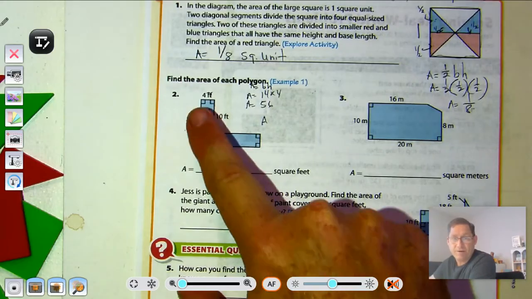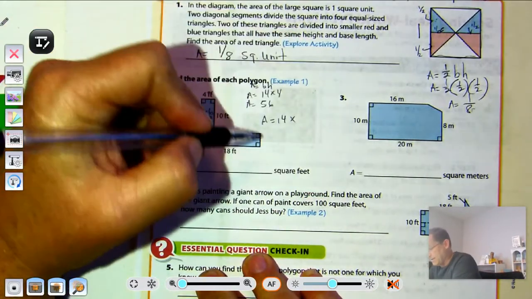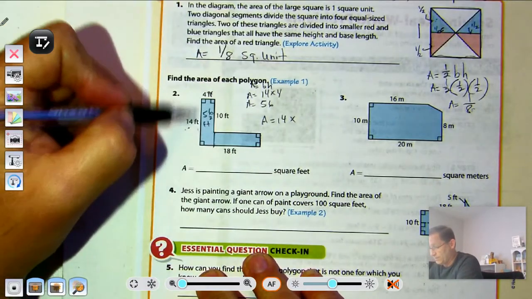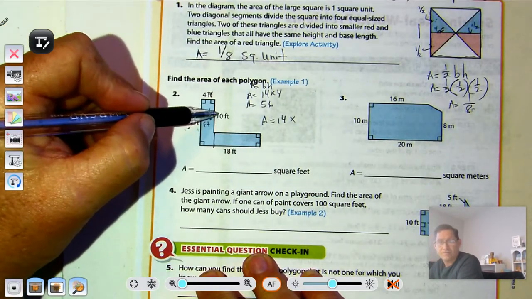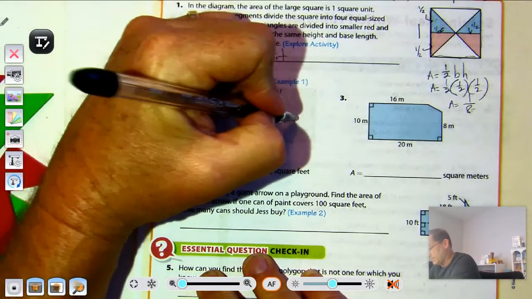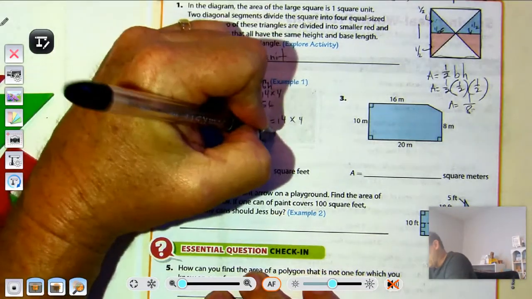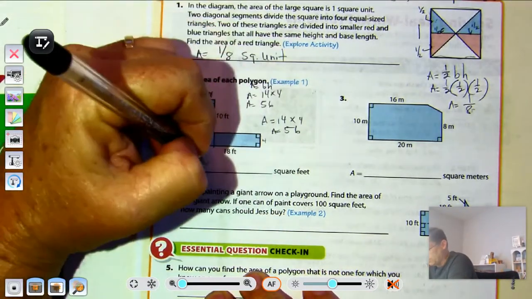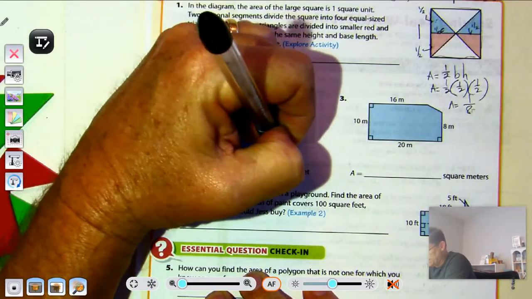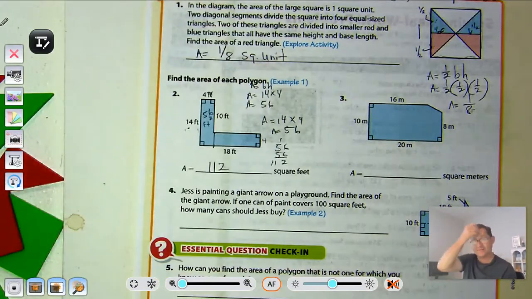It's 18 take away 4, which is 14, times the height, which would be, the whole thing is 14, but we have to subtract 10 to get this piece, which is 4. So it's the same thing. It's still 14 by 4. So that area is also 56. So 56 plus 56 will give us 112 square feet.